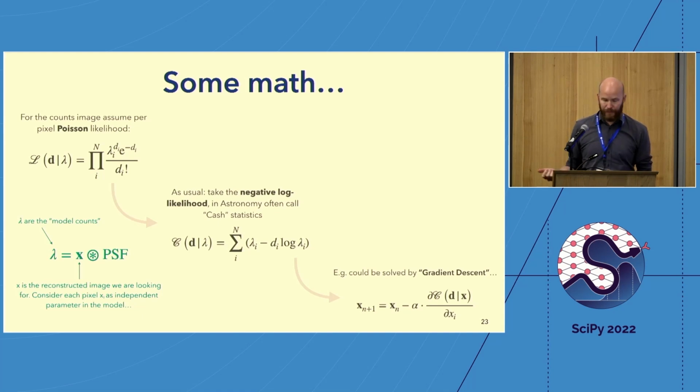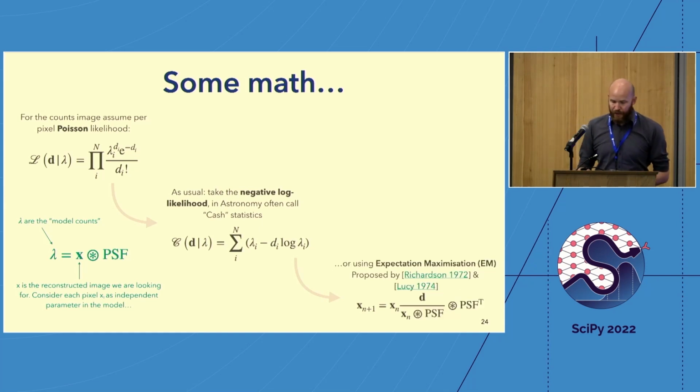So we just take the derivative of the likelihood or the Cash statistics here with respect to all parameters. Then you scale it with some step size or learning rate. And then given some starting estimate for your image, you can run an iterative algorithm that improves your estimate until you converge, ideally maybe to a maximum likelihood estimate.